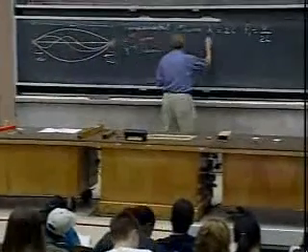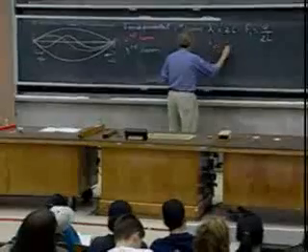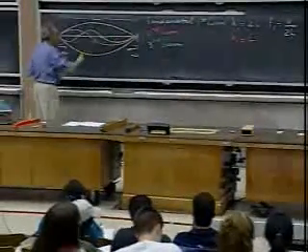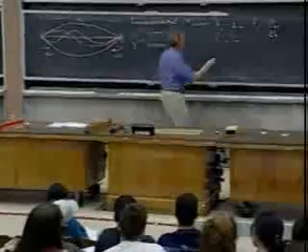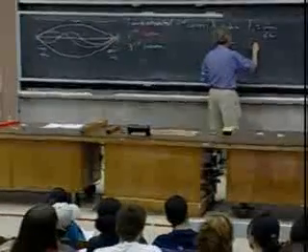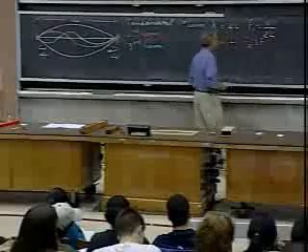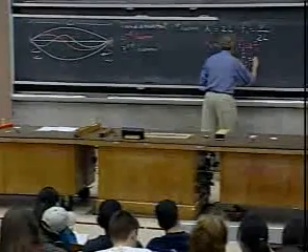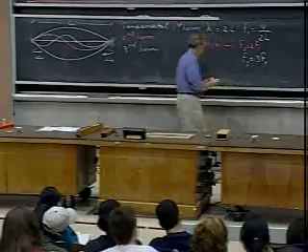For the second harmonic, lambda 2 equals L. You can tell. You see a complete wavelength here. And f2, that frequency, is going to be twice f1. And f3 is going to be 3 times f1.